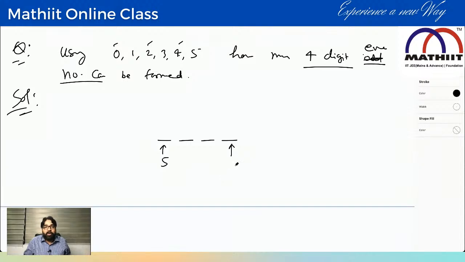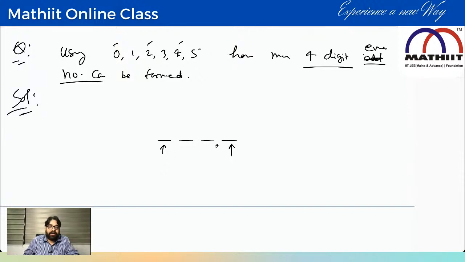So now confusion. What confusion? I don't know whether 2 came here or 4 came here, because 0, I know it cannot come. But 2 or 4 can come or not. Now here what should I write? I cannot write 3 because I don't know if 2 is already used or not. Got my point? So this is not working.